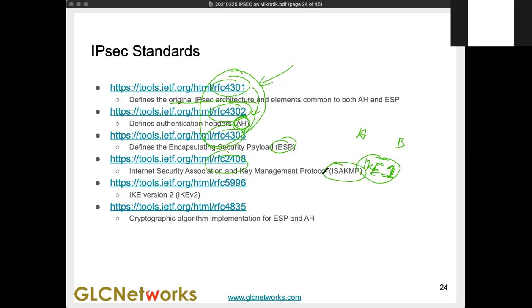It has to be Cisco and Cisco, FortiGate and FortiGate, Mikrotik and Mikrotik. That's the problem with IKE1. People complained, and then we got IKE version 2. This one is much better. Mikrotik also supports IKE version 2. I think IKE version 2 will be discussed in the next webinar.